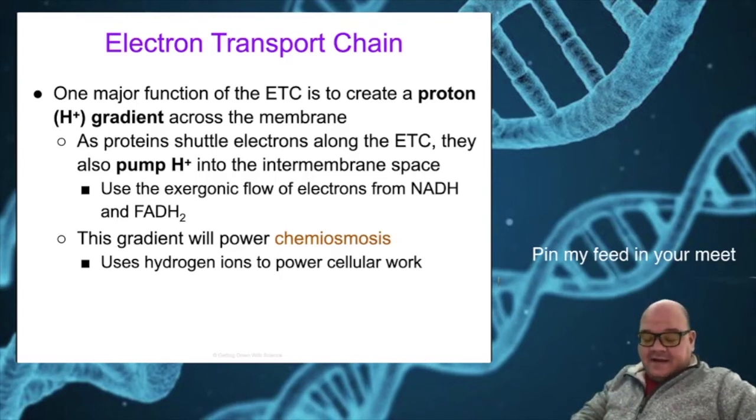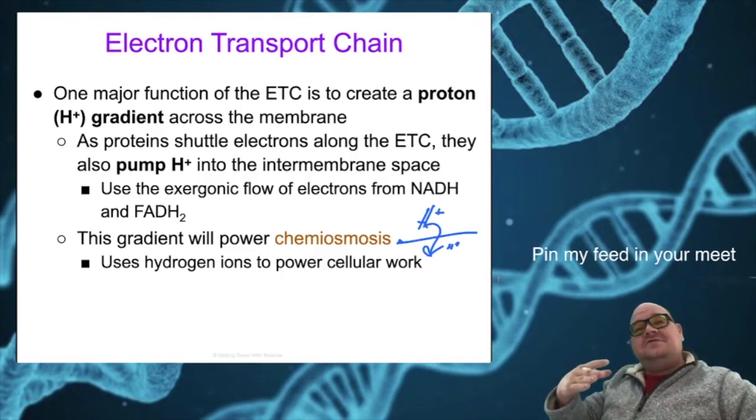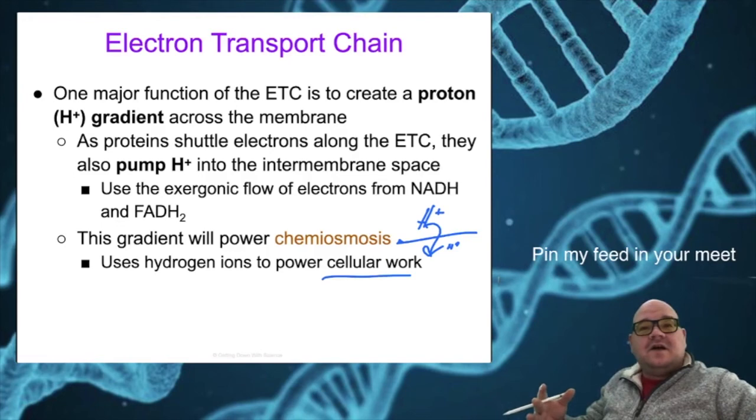That gradient, if you have a lot of hydrogen on the outside and just a little bit on the inside, is going to want to pass through here. This is why we learn transport first. So all these hydrogen ions are used to do cellular work. Well, what's that cellular work going to make? It's going to make ATP.